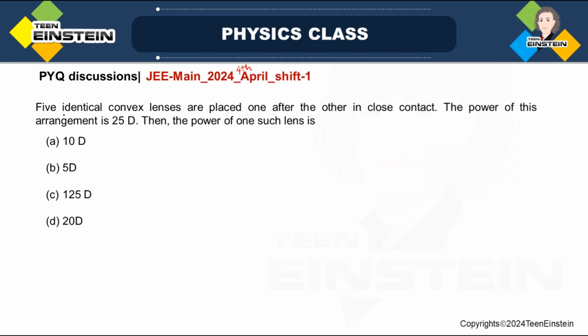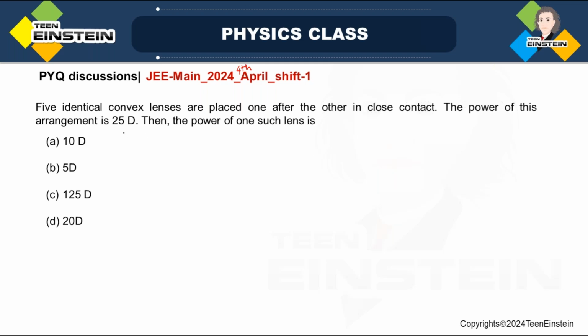So the first question, you see, this is from ray optics part, and it says 5 identical convex lenses are placed one after another in close contact. That means it is talking about combination of lenses, and by default we will take these lenses to be thin lenses.